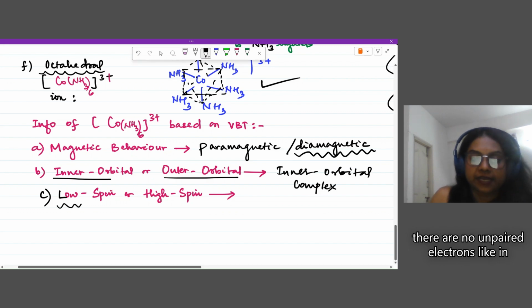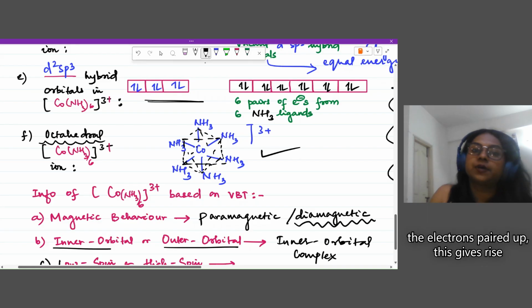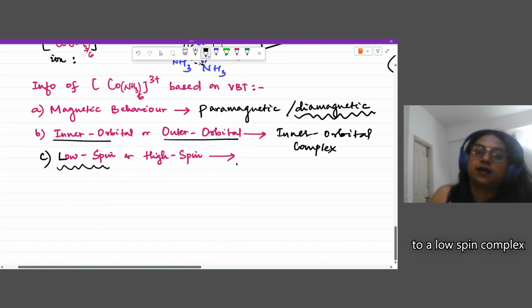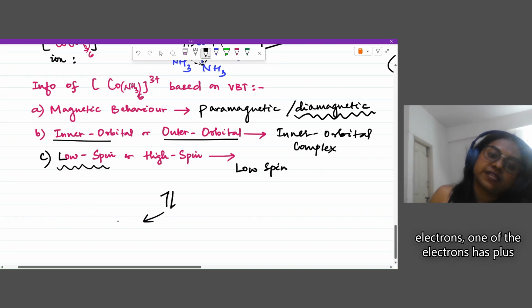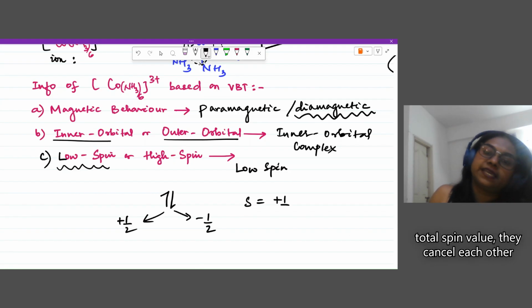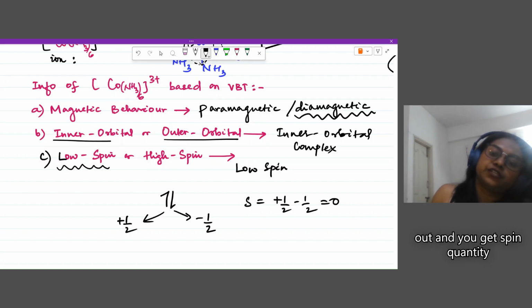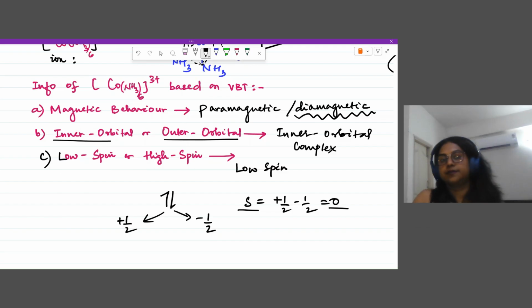If there are no unpaired electrons, like in this particular case where all of the electrons are paired up, this gives rise to a low spin complex. When electrons are paired, one has plus half spin and the other has minus half spin, so when you calculate the total spin value, they cancel each other out and you get spin 0, which is called a low spin complex. Is it clear?